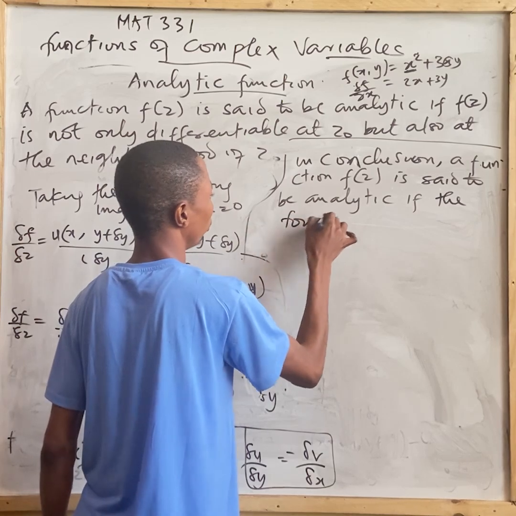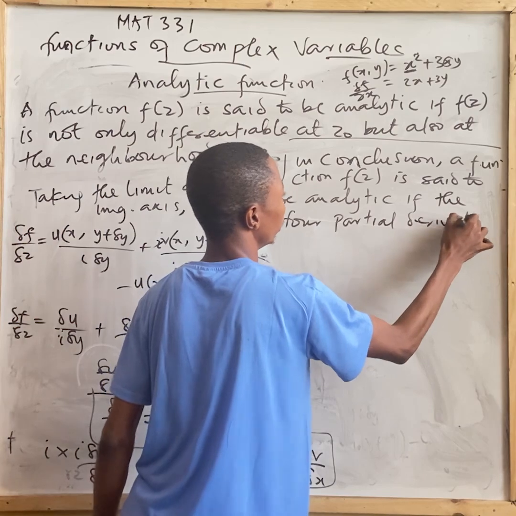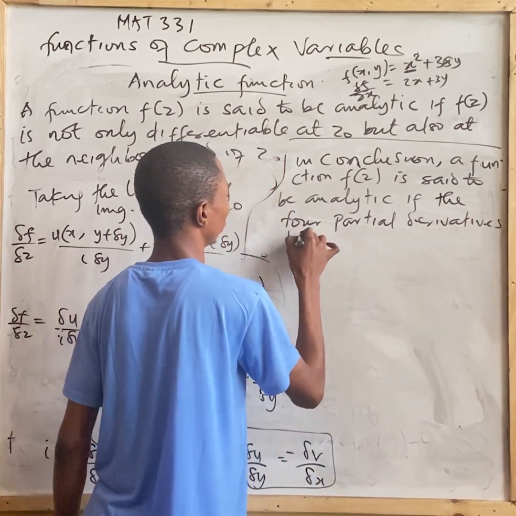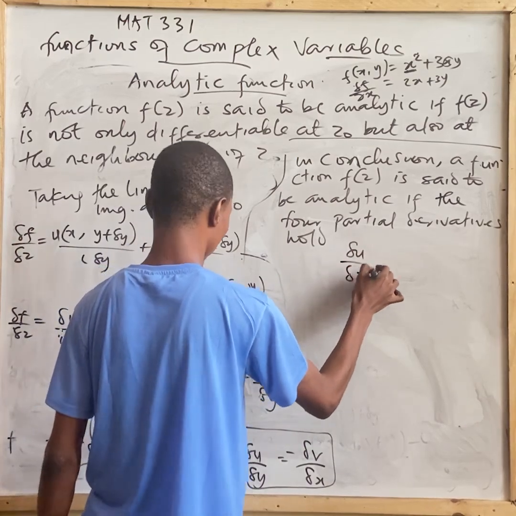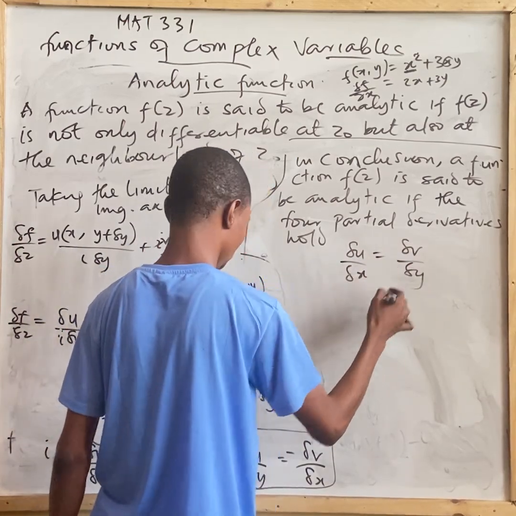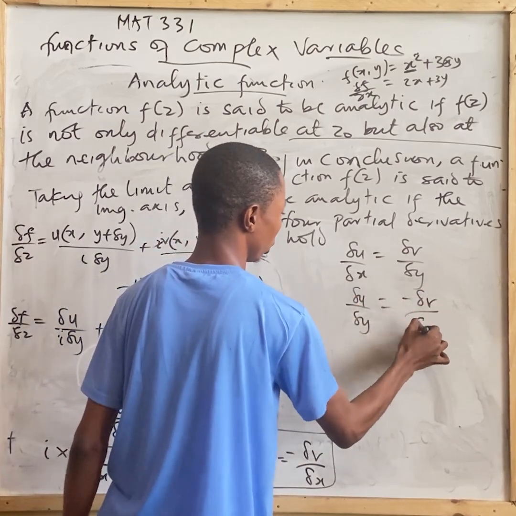If the four partial derivatives hold. What are the partial derivatives? du dx is equals to dv dy, and then du dy is equals to minus dv dx.